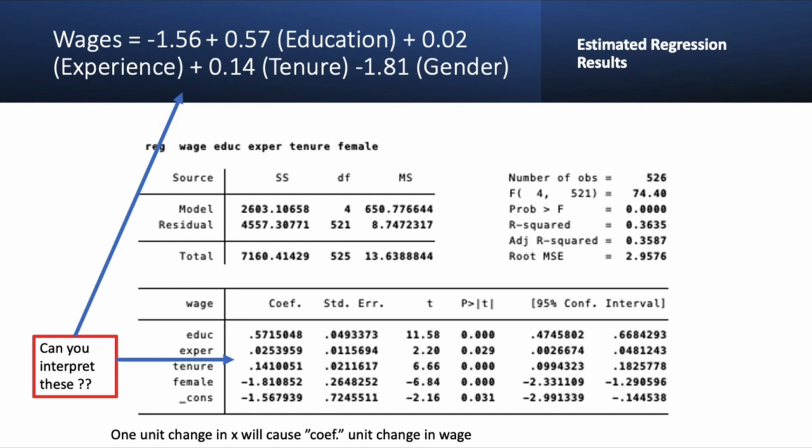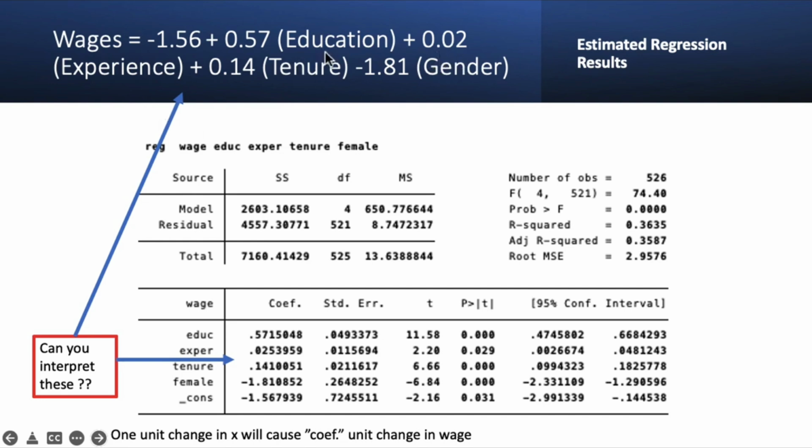So remember, with the straight line equation, this is like the gradient, and it says if this changes by 1 unit, the dependent variable changes by this amount. And the great thing about regression equations is that these effects are assumed to be held constant, which means that 0.57 is a partialed out impact of education on wages. It does not include the impacts of tenure and experience in it.